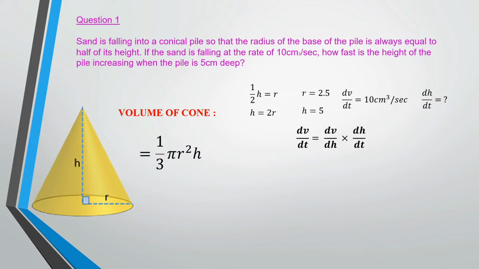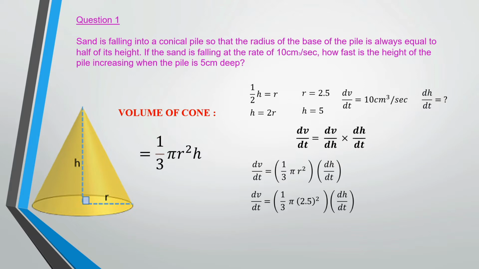So dV over dt equals dV over dH times dH over dt. dV over dt equals 1/3 times pi times radius squared. We leave out height because we are not here to find the volume, but dH over dt, and times it with dH over dt. Next, we fill in the radius, which is 2.5.